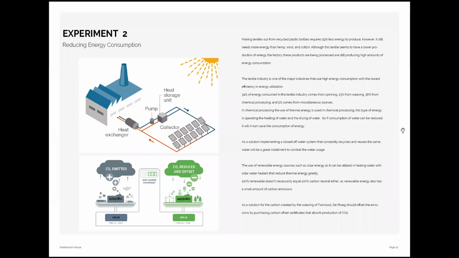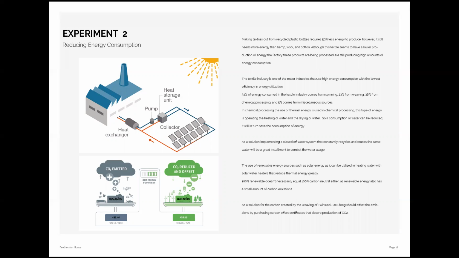And then the next thing is reducing energy consumption. Even though creating this polyester fibers requires less energy, it's still requiring a lot of energy, and the company doesn't really have any reusable or energy efficient technology.